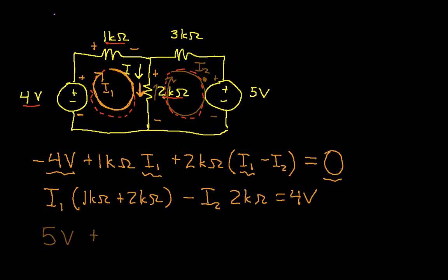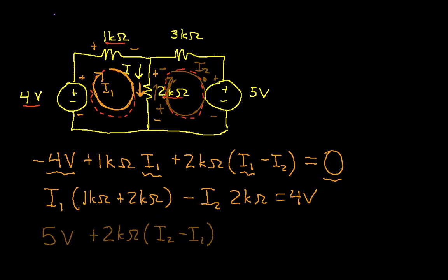And then we come around the bottom of the mesh up to this point, and we now have going from plus to minus. You'll notice that I changed the sign on the voltage when I'm looking at it for mesh 2. So I'm going to have 2K ohms, that's my resistance, times the net current, I2 minus I1.